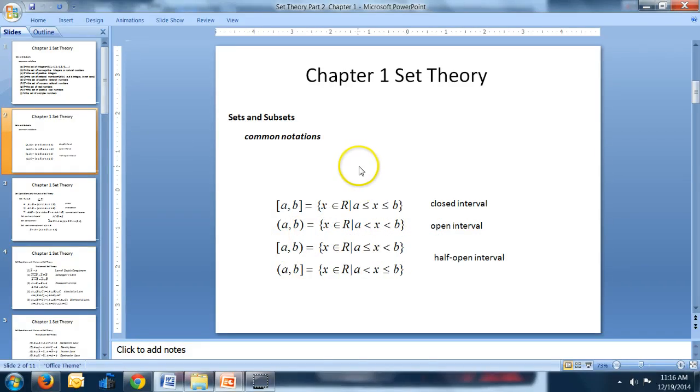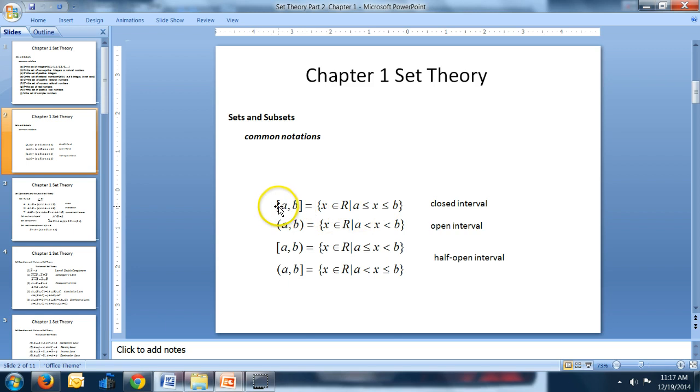Here is another thing about the comparison between a set and an interval. When we want an interval on the real line, we can identify an interval that includes the endpoints. If we are looking at a straight line and want an interval between A and B, including A and B, we call it the set of x's, where x is a real number between A and B inclusive.